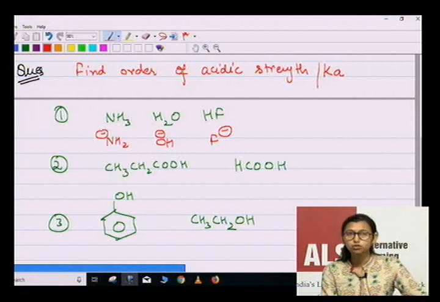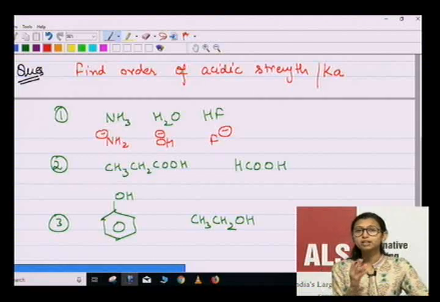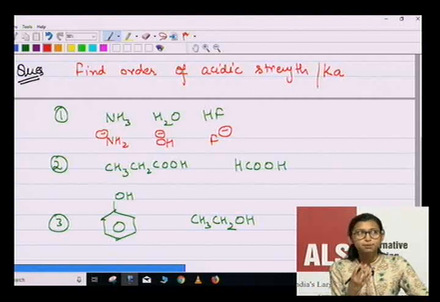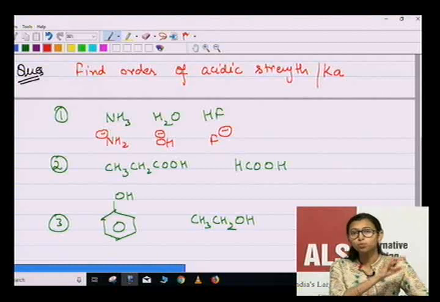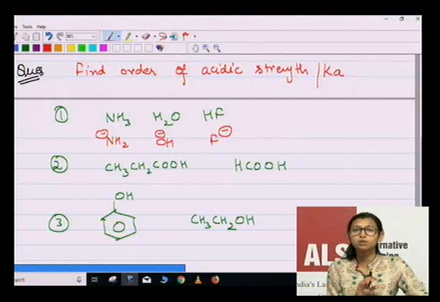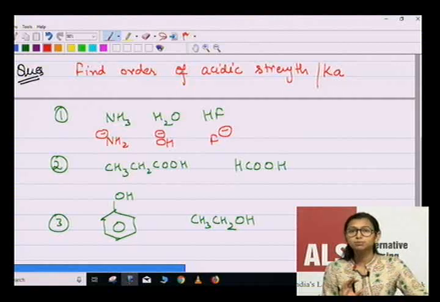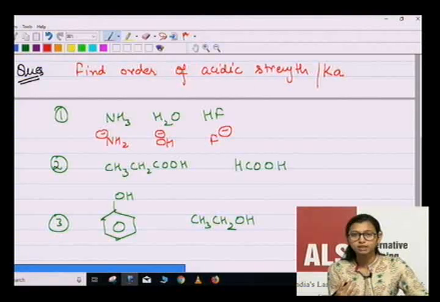So, once you get the anions, then you have to check which anion is more stable. Because for the more stable anion, that particular compound wants to give the H plus ion as soon as possible, in order to become the stable conjugate base, okay? When I'm saying the stable conjugate base, I'm talking about that particular anion, right?